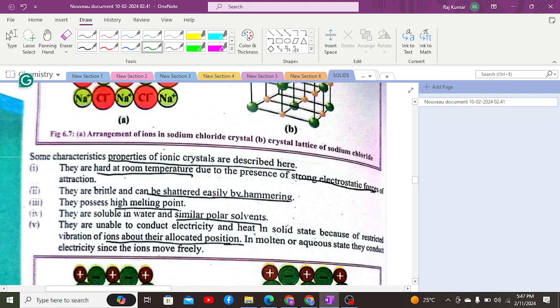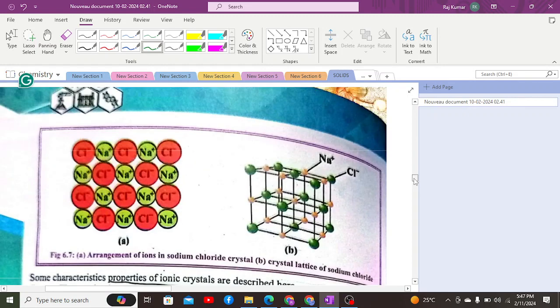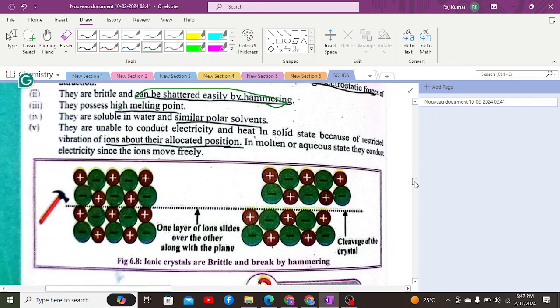Some characteristics of ionic crystals are described as below: they are hard at room temperature due to the presence of strong electrostatic forces of attraction, and they are brittle and can be shattered easily by hammering. The reason behind it is this: let's take an example.